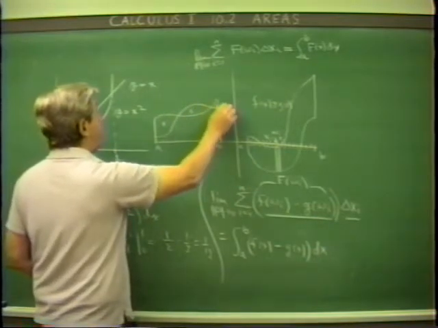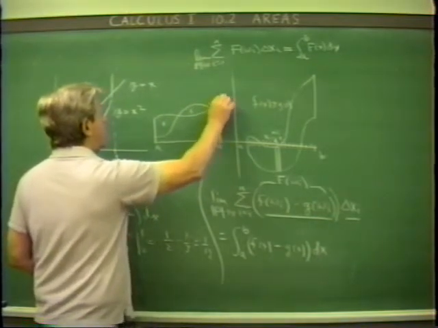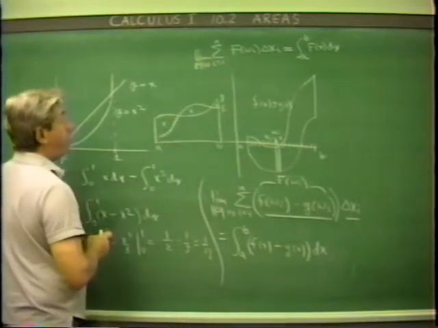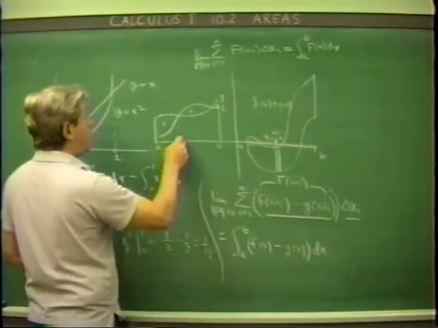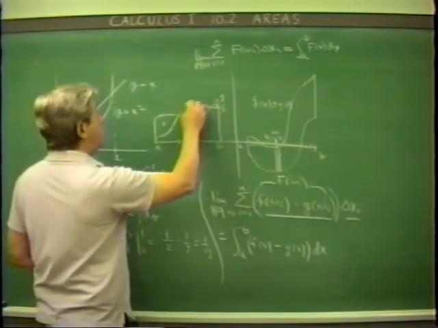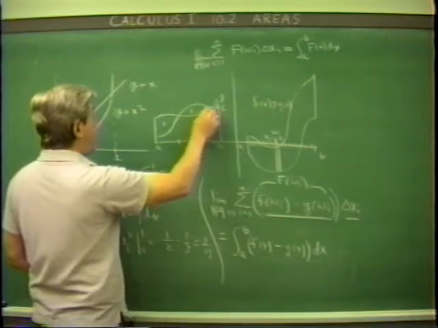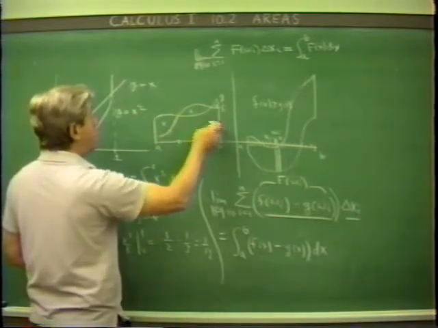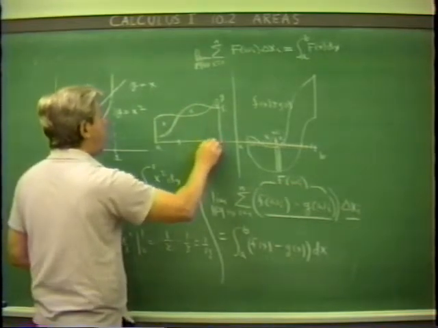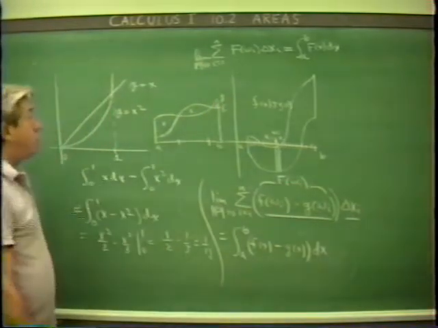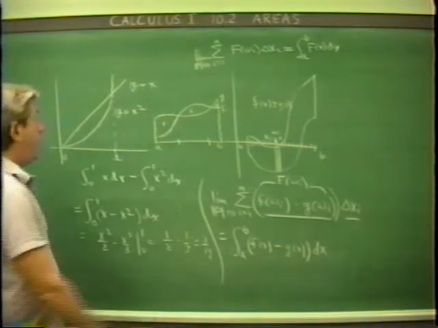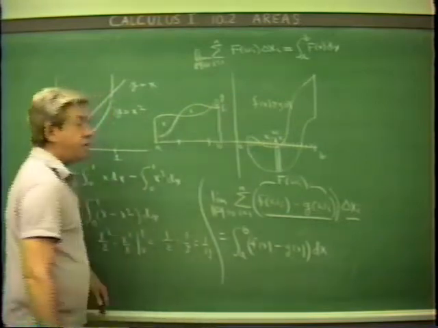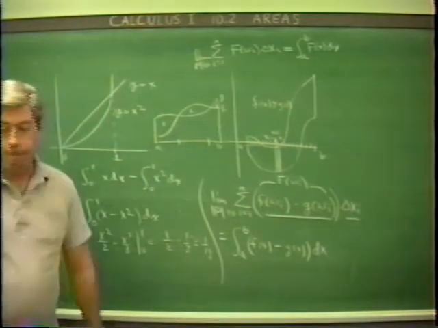Here, if this was the function f, and this was g, on this interval f is larger than g, so you'd integrate f minus g from a to whatever this point was. On the first interval, f is less than g, so you'd integrate g minus f. On the next interval, f is larger than g, so you'd integrate f minus g. And on the third interval, g is larger than f, so you would integrate g minus f. You'd take the sum on those three intervals, and that would give you the area between the graphs of the two functions.